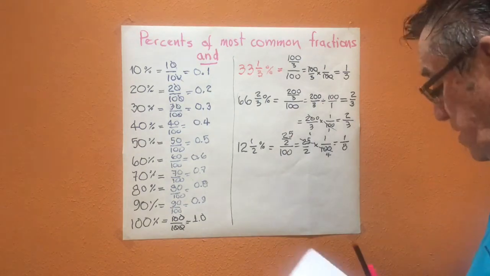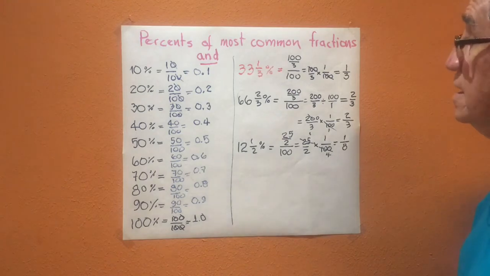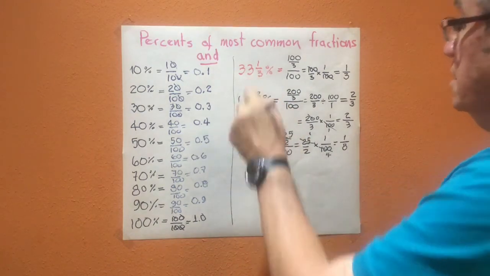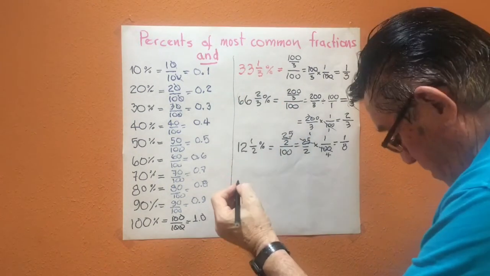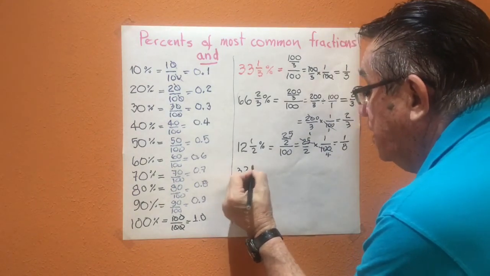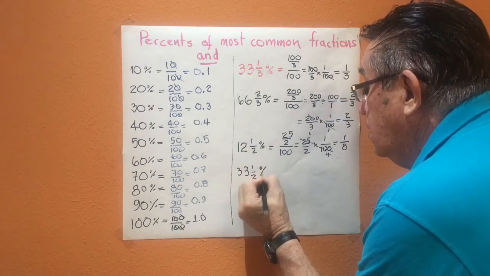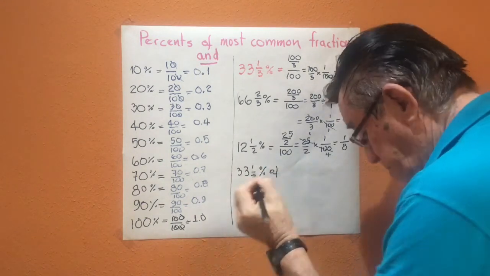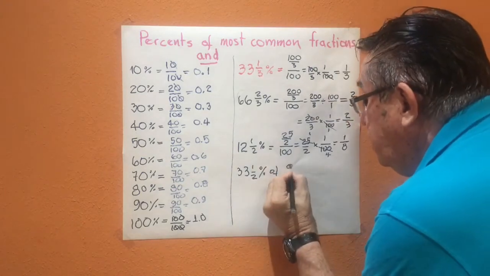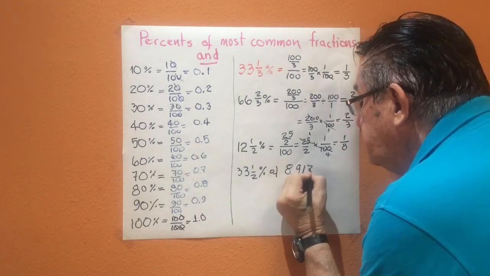For an example, let's do an exercise. Let's apply this. We want to know how much is 33.5% of 80,913.